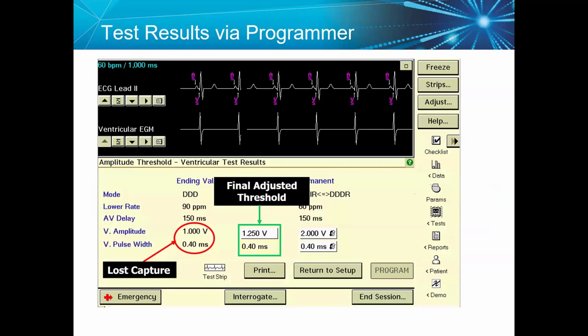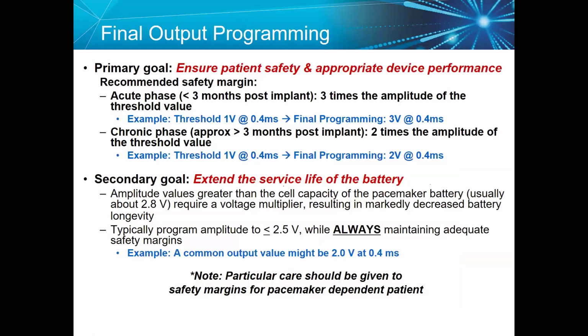Okay, here the loss of capture, and here our threshold, and here the amplitude. Final output programming. Final goal: ensure patient safety, appropriate device performance, and a recommended safety margin, acute.